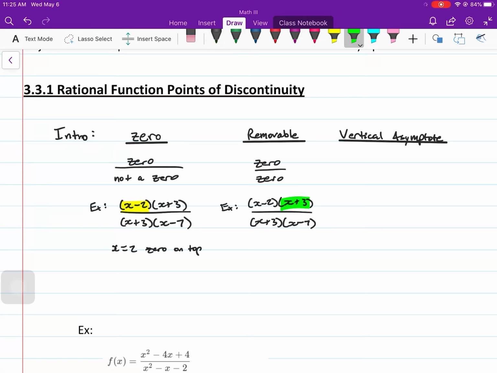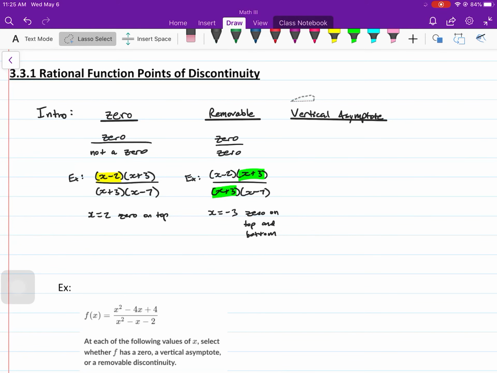We're really looking for the same factor here. So x plus 3 and x plus 3. Notice those are the same factor there. So x equals -3 would cause a 0 on the top and the bottom. This would be a removable discontinuity.